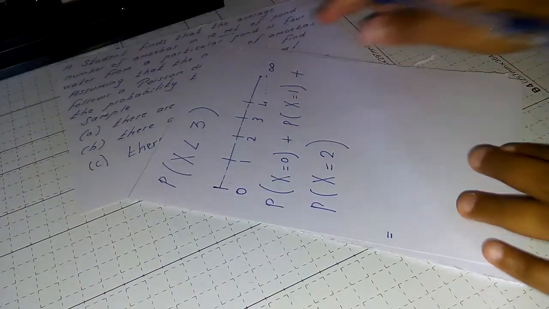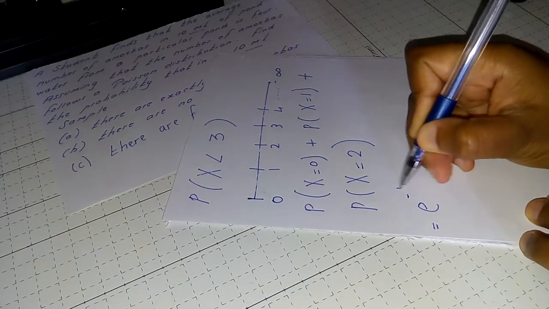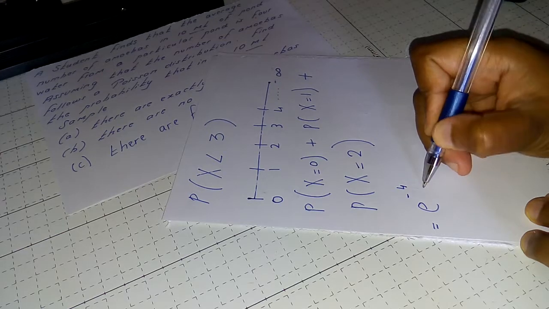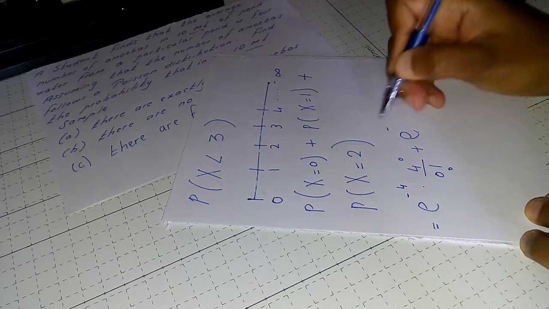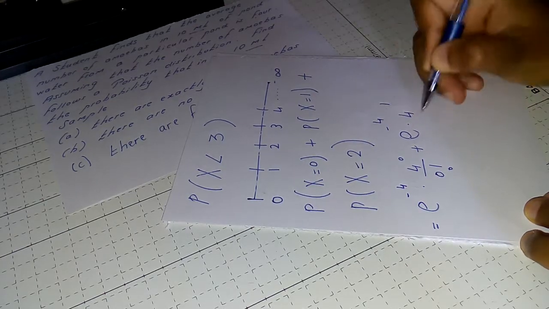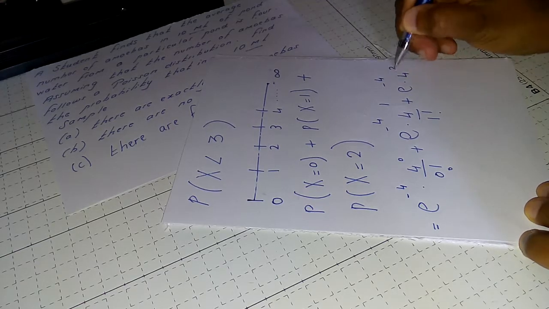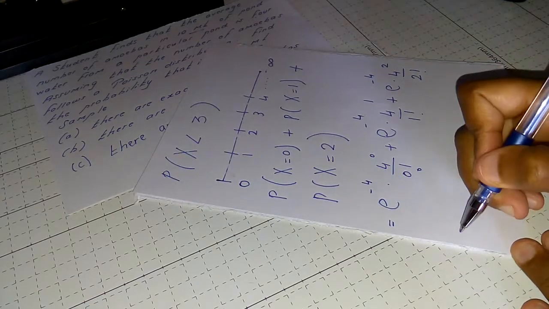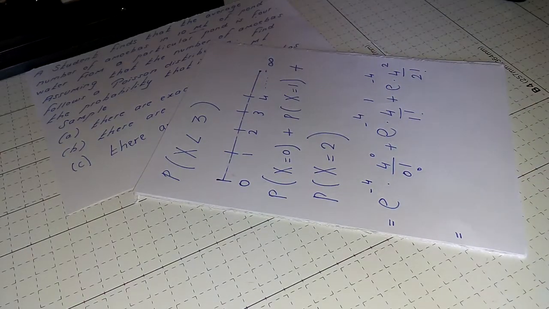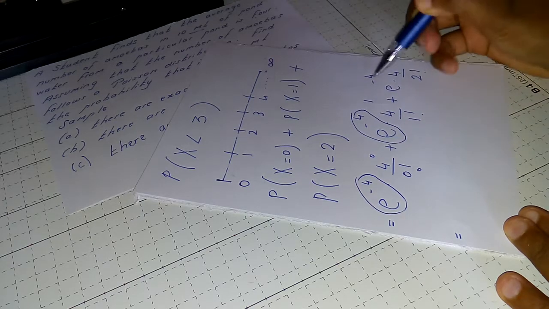So let's look at what we have done. We have e power negative 4 times 4 power 0 over 0 factorial, plus e power negative 4 times 4 power 1 over 1 factorial, plus e power negative 4 times 4 power 2 over 2 factorial, and then use your calculator. But there's a simpler way of writing the calculation. You can see that the e power negative 4 is common, right?